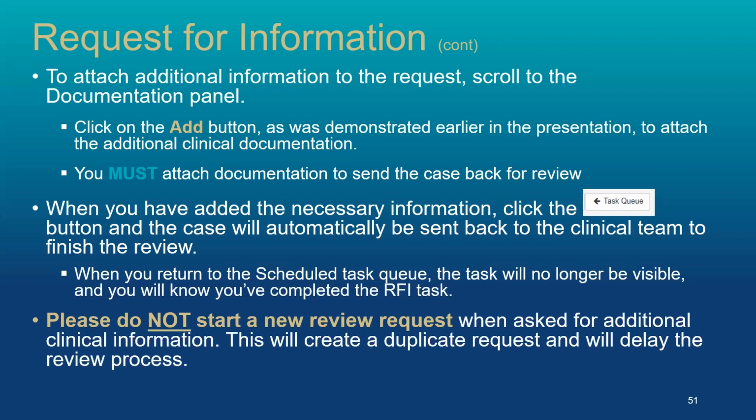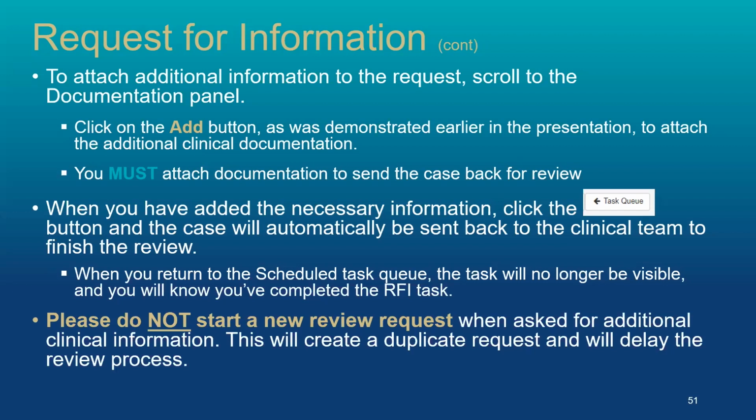So once you've attached that additional information, then now you'll have a button at the bottom that says task queue. And when you click on that, it'll take you back to your scheduled task queue, and you'll see that that task is now gone. And that is your indication that you've completed the task correctly and that it is now back with us so that we can finish the review.